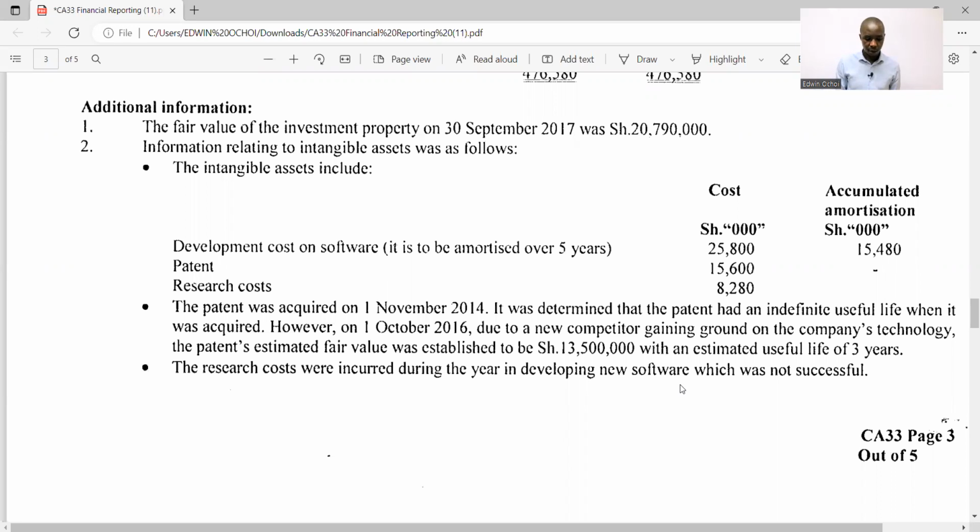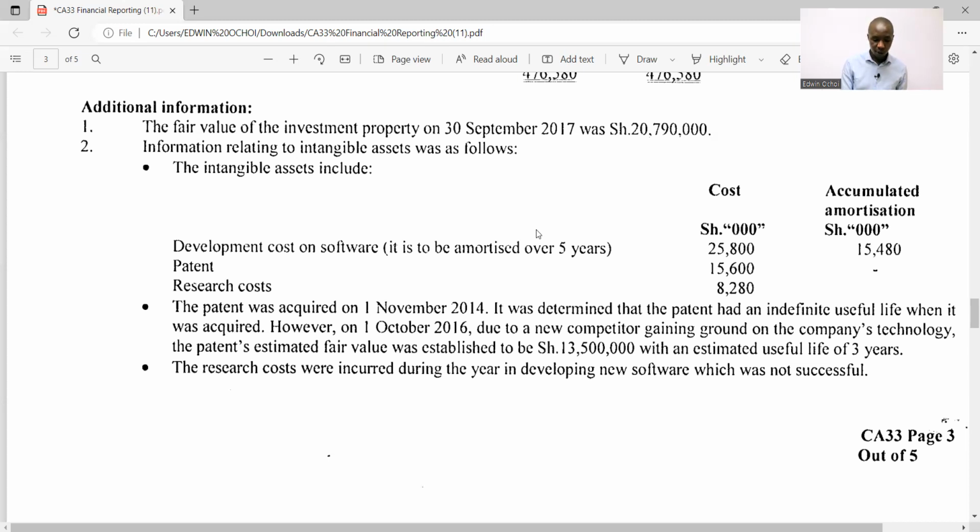Investment property, according to International Accounting Standard 40, represents land and building held by an entity for rental purpose or for capital appreciation.